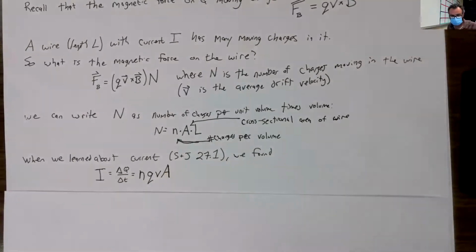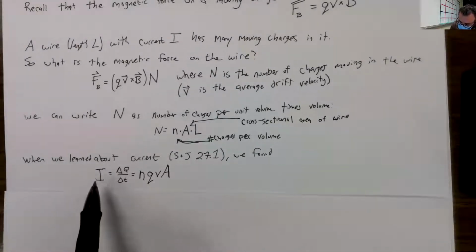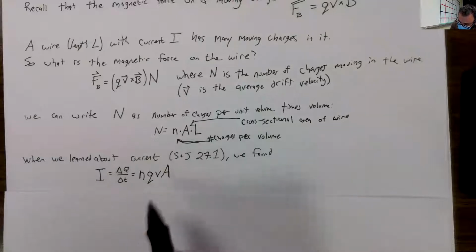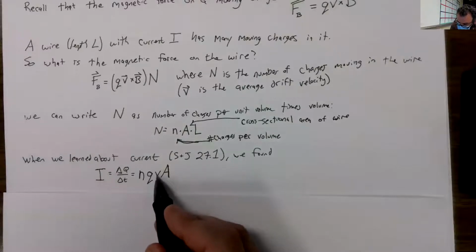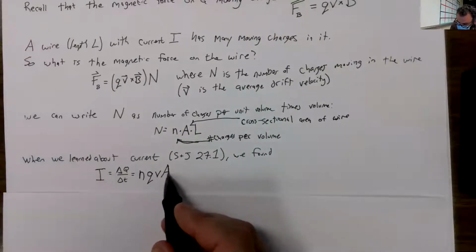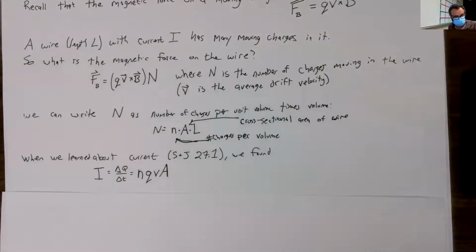You can go back to that lecture or reread section 27.1 to see where that came from. Current is the total charge per unit volume, n times q, times the velocity, which is length per time, times the area. So that ends up being total charge per time.